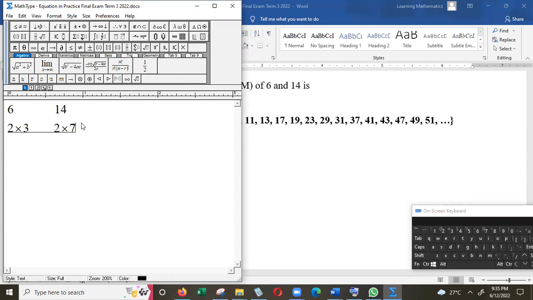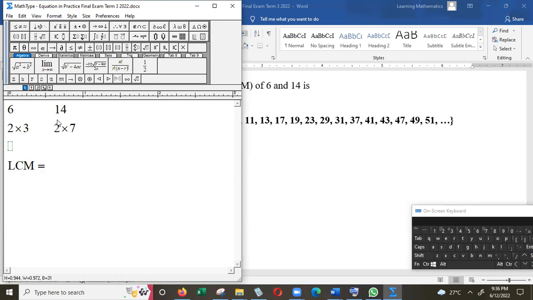So now what we want is the lowest common multiple. What we have to ensure is that the biggest number is present.